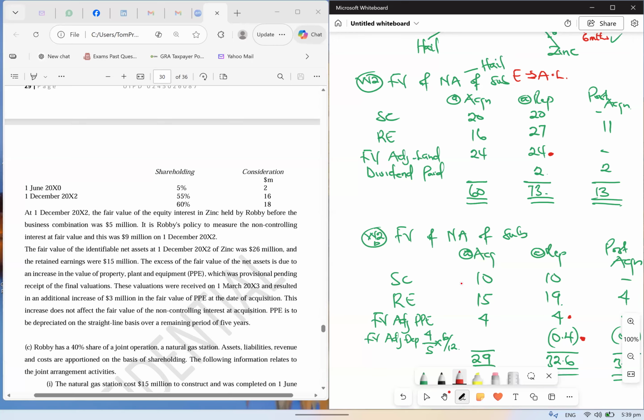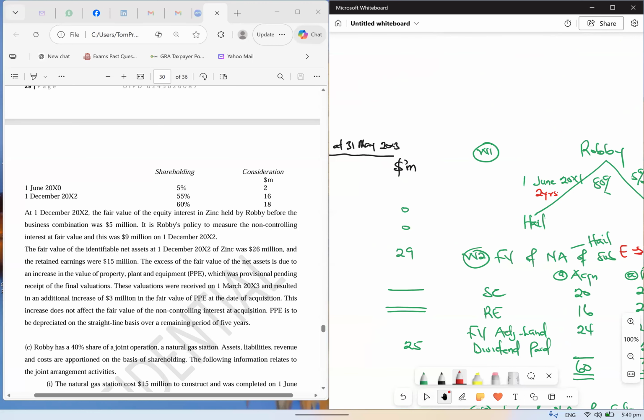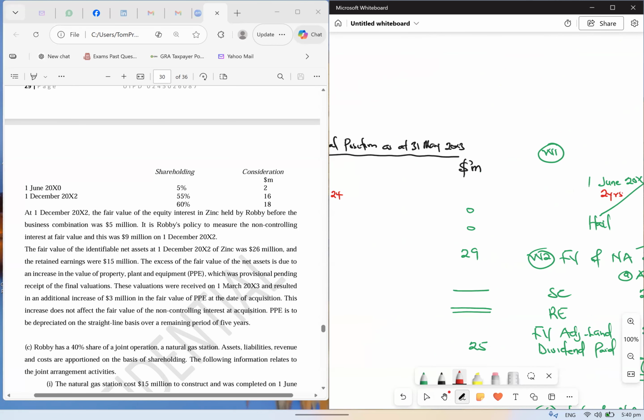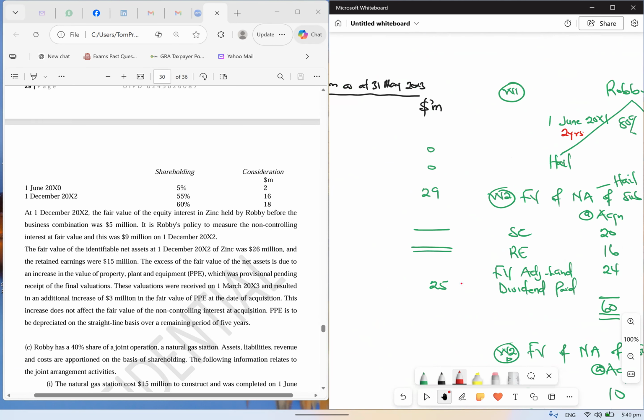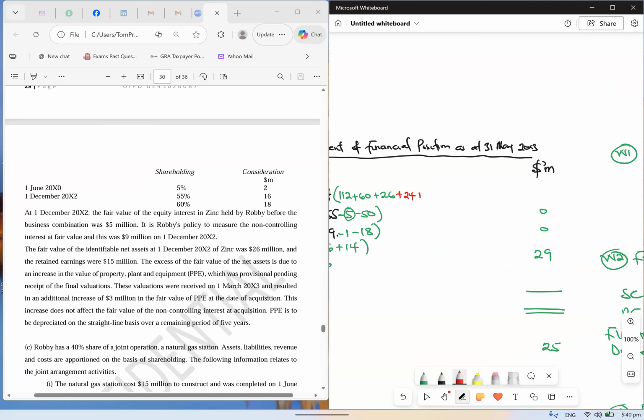The corresponding entry for this one is a reversal that will be in the retained earnings of the other company. So here, you are going to add plus 4 minus 0.4. All right, so you've done that. So you sort that note out quickly.